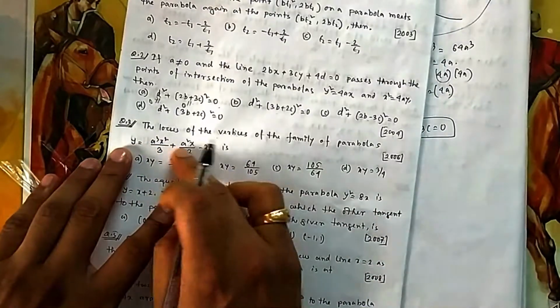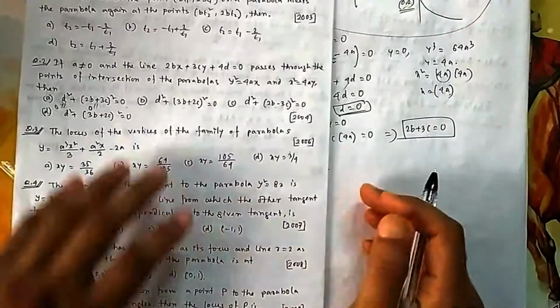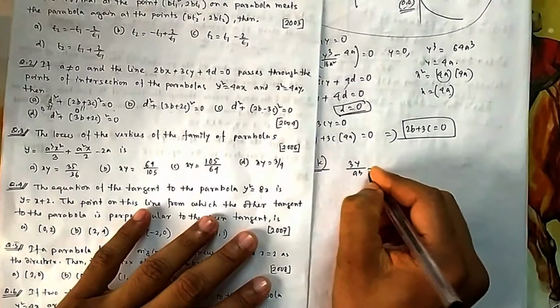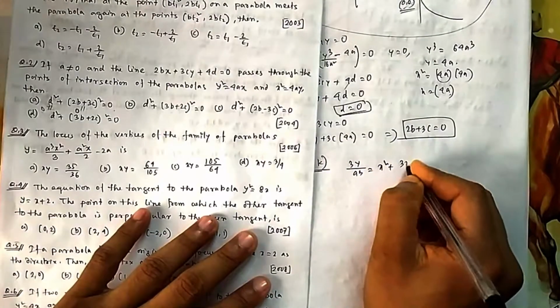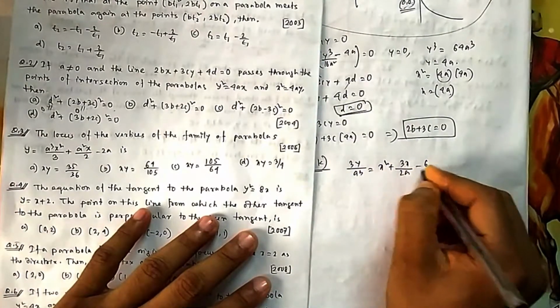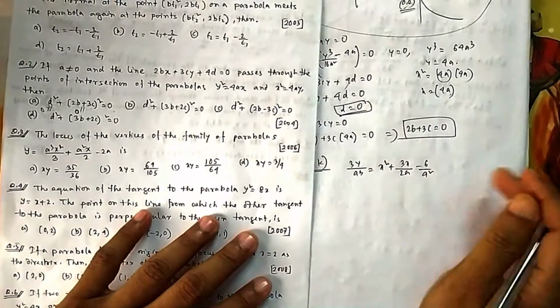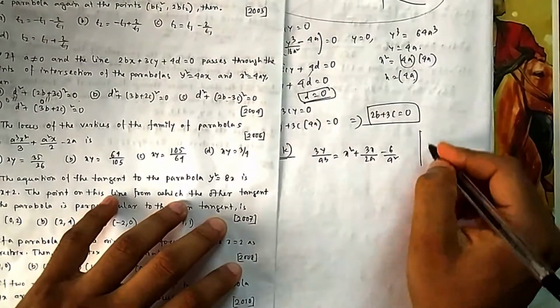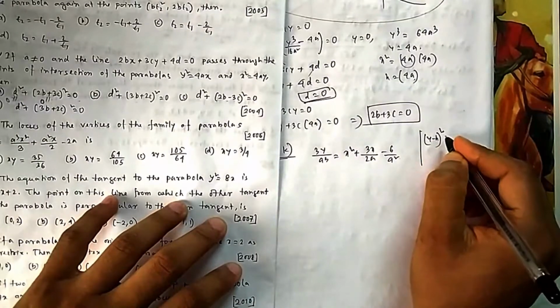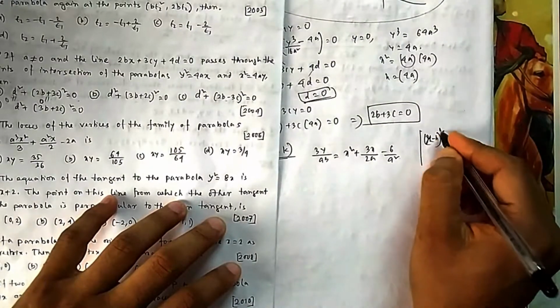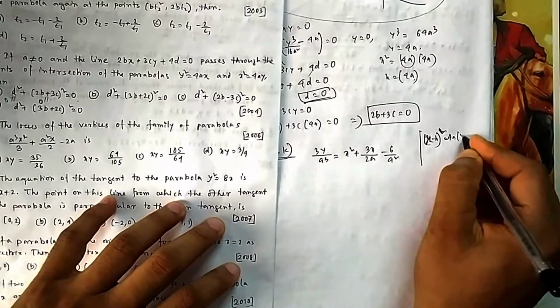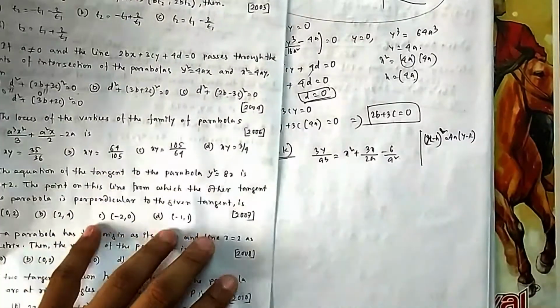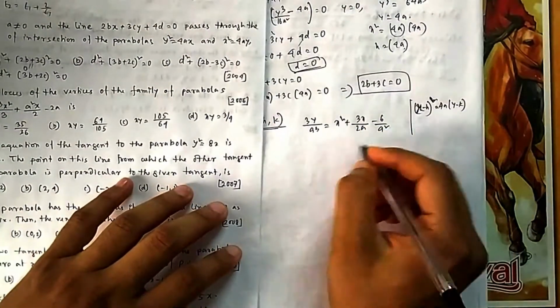If you change a cube and y, keeping only x square on that side, it will be 3y by a cube, and then x square plus 3x by 2a minus 6 by a square. Let us make it in the standard format, (x minus h) whole square is equal to 4a into (y minus k), something of this fashion.